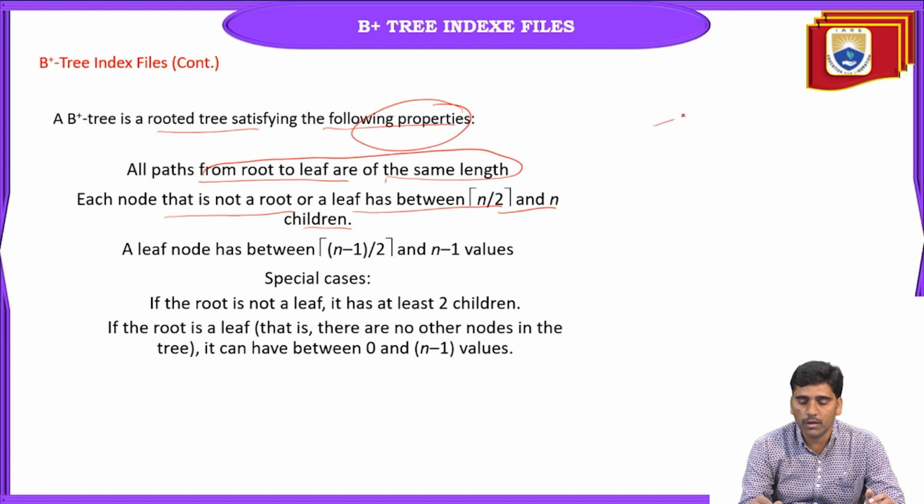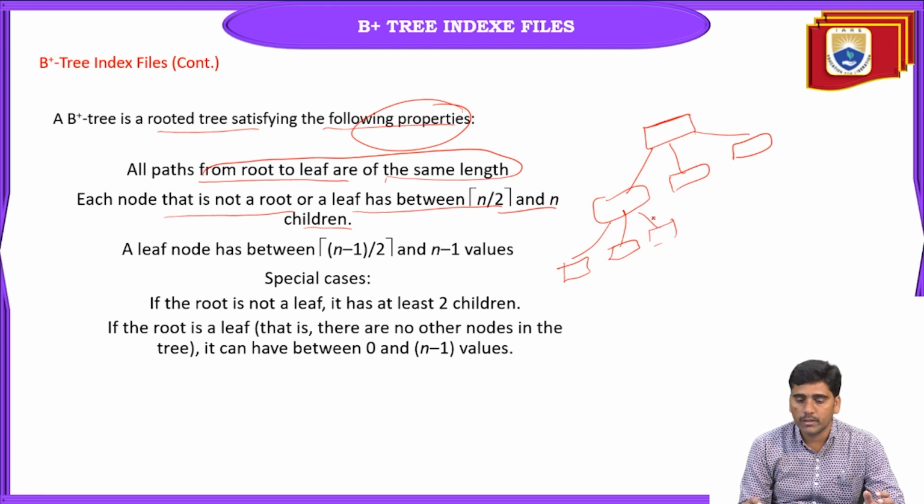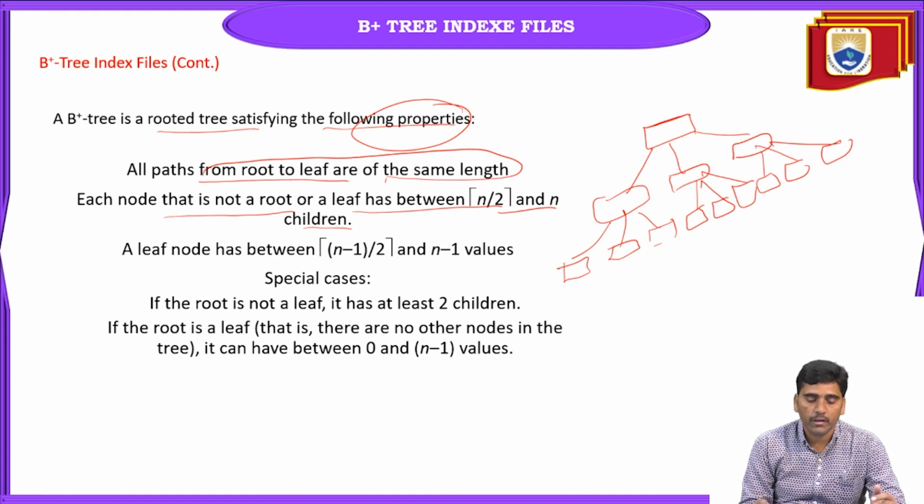It takes n/2 and n children. A leaf node has between (n-1)/2 and n-1 values, with a special case.